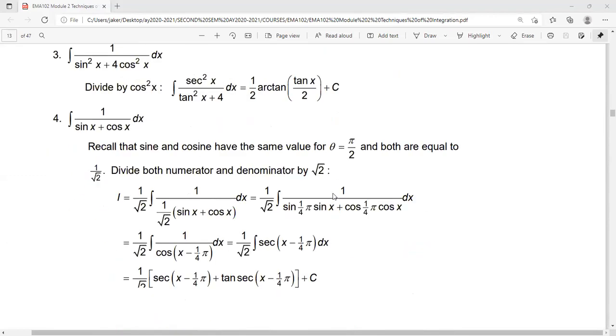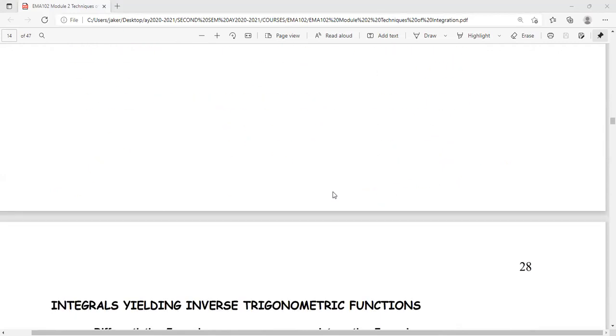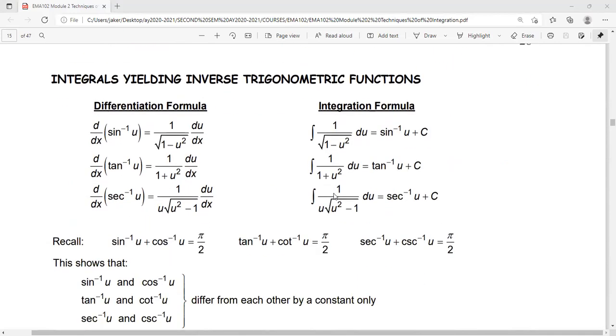So if you could see, class, our next topic here, if I will scroll down, is you have a lot of examples there to read. Our next topic would be integrals yielding inverse trigonometric functions. So integrals like this, rational, wherein the denominator is a square root. This one is rational, but the denominator constitutes the sum of the square of a real number and a function.